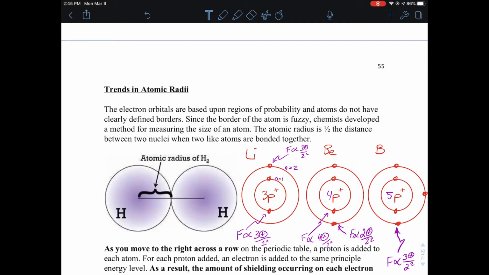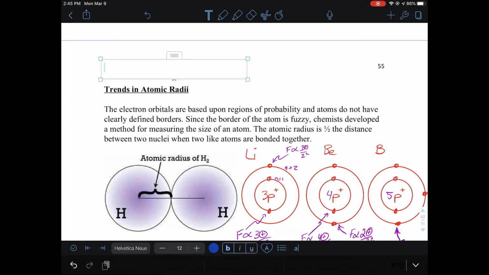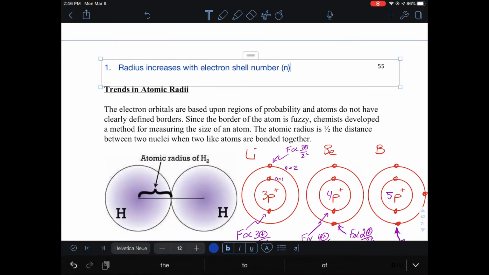So the trends in atomic radii: the number one effect that makes things bigger is shells. So the first thing to consider is that radius increases with electron shell number, n.